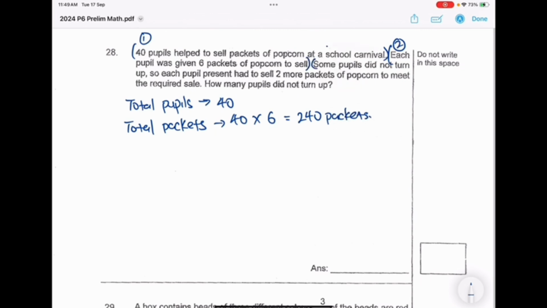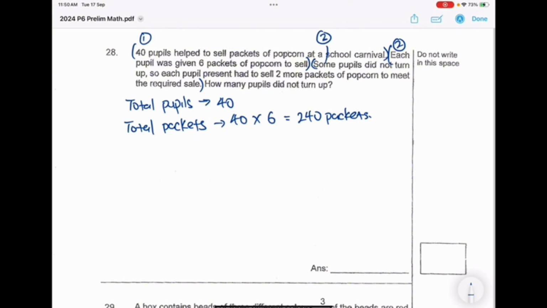Moving on to the next sentence, it says, some pupils did not turn up. So each pupil present had to sell 2 more packets of popcorn to meet the required sales. I am guessing that the required sale is to sell a total of 240 packets.